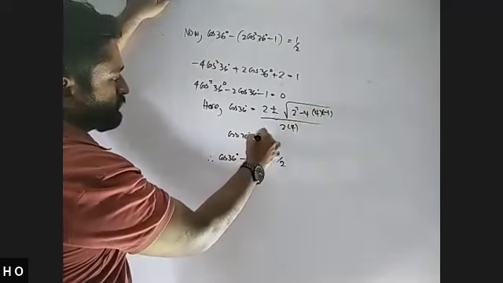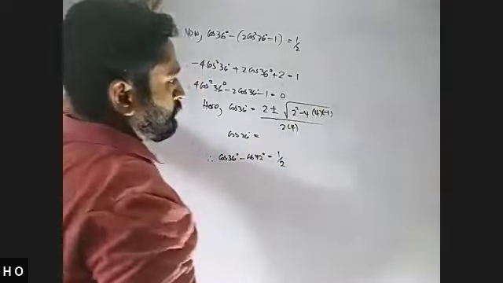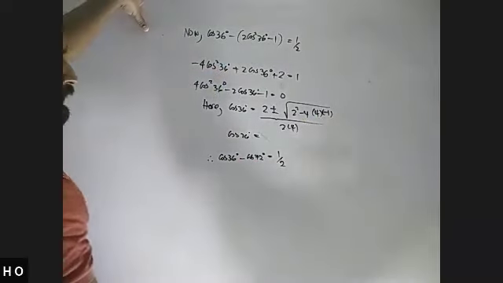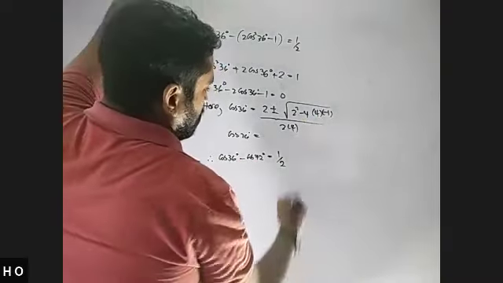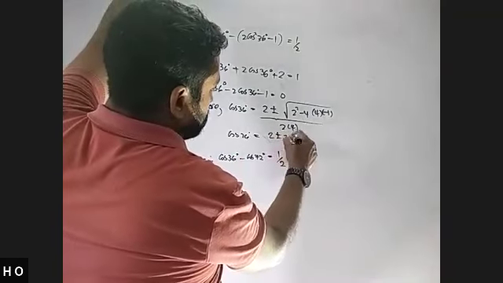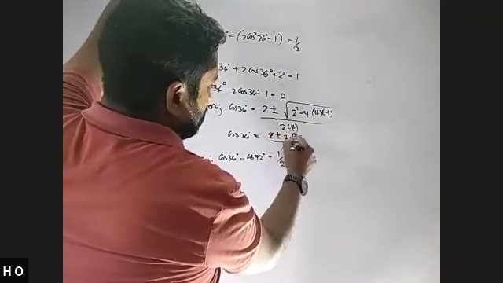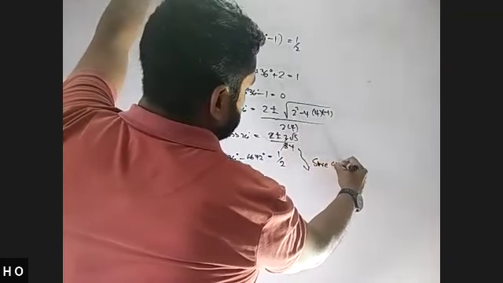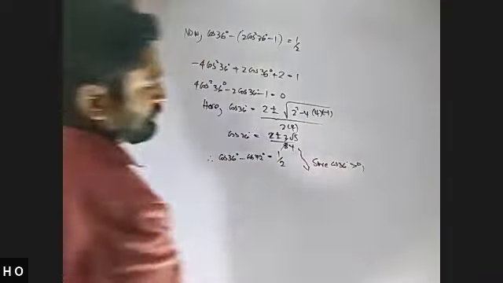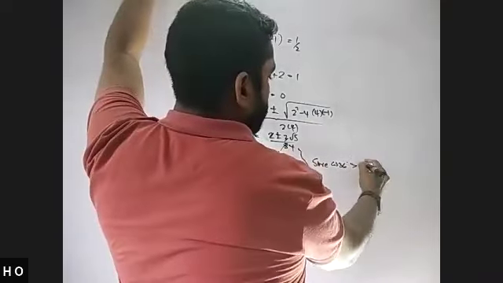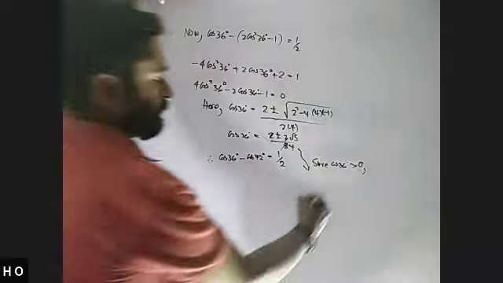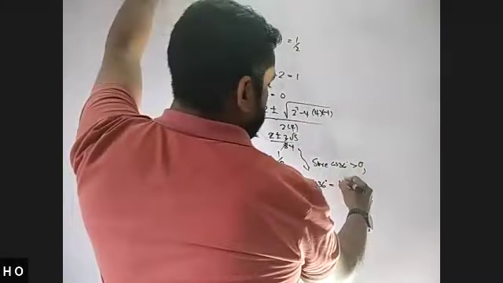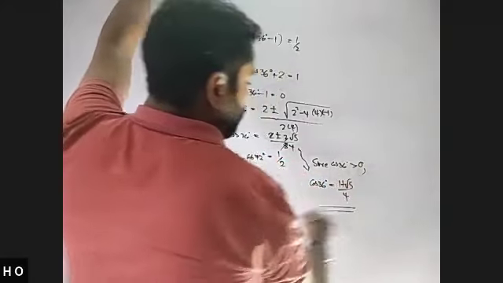So cos 36 is going to be 2 plus or minus 2 root 5 over 4. Cos 36 has to be positive because 36 is an acute angle. So cos 36 equals 1 plus root 5 over 4.